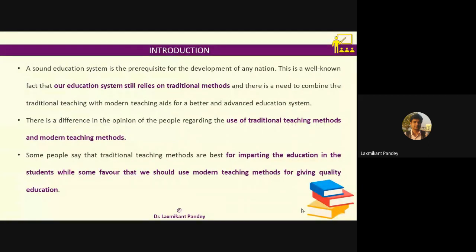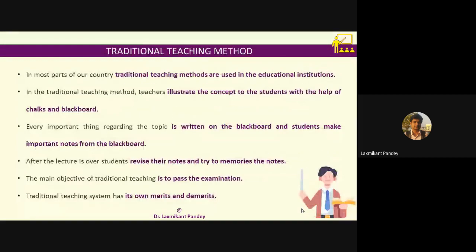Some people say traditional methods are best for imparting education, while some favor modern methodology for giving quality education. Difference in opinion is an obvious thing, and it is very important for getting innovative ideas regarding any subject.